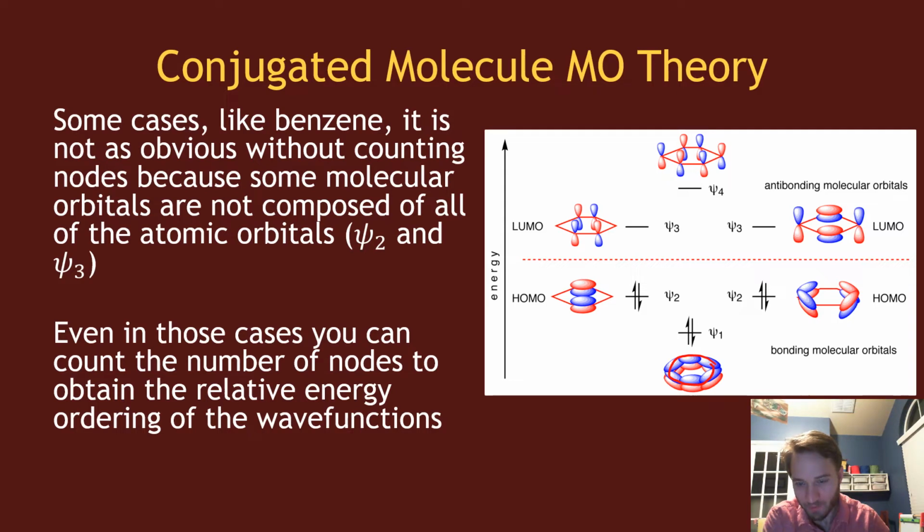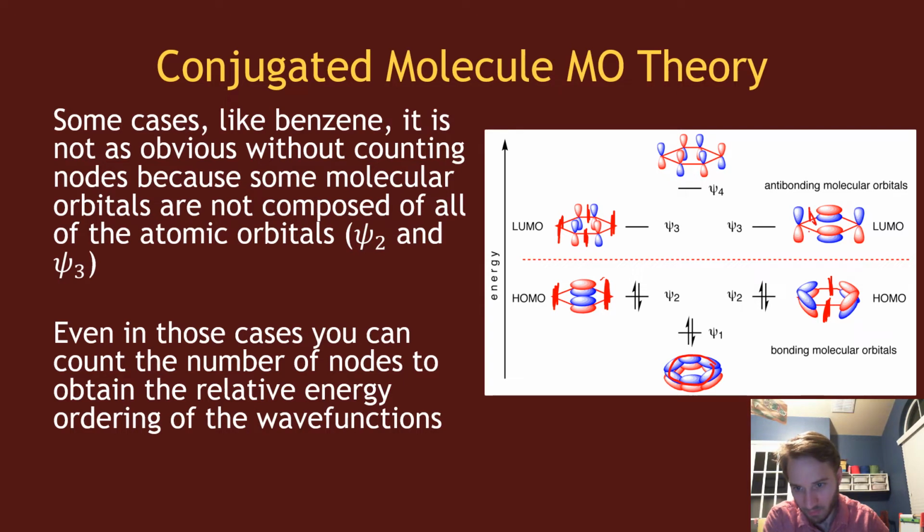In the next set of orbitals, you have one node between those carbons and one node between those carbons. Similarly, you have one node here, one node over here. Then up here, you end up having 1, 2, 3, 4 nodes here.